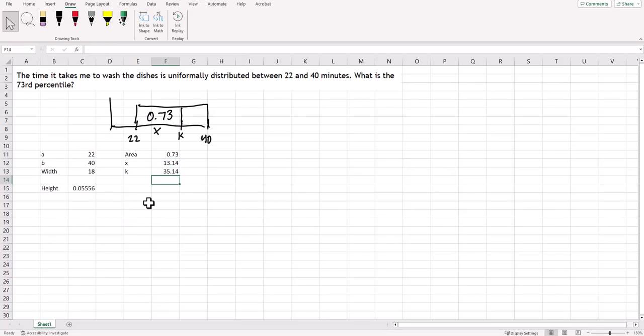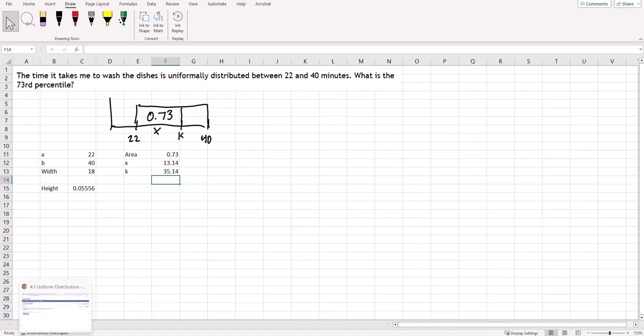So now if we said 35.14 is the 73rd percentile, say it was just 20 to 40, right? 35 would be like 75%. So this makes a bit more sense. So you might think of this, the value here is going to be our width plus our starting point.